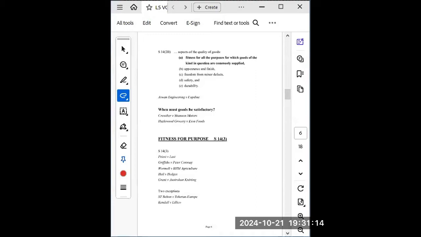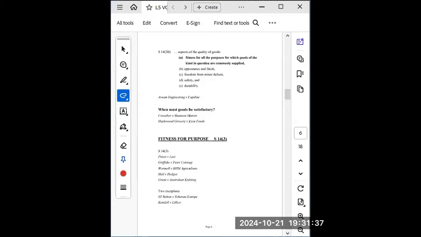Well, that's causing us a little bit of a difficulty, because we're not sure if the case of Aswan Engineering against Lupdine is still good law. You see, Aswan Engineering always said the goods only have to be fit for one purpose.